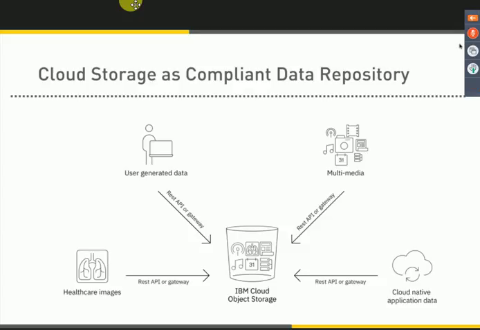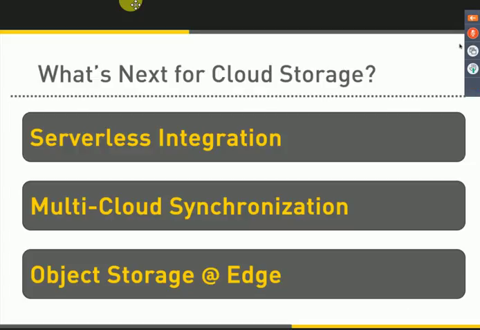So that basically summarizes some of the top use cases. And I want to talk about what's next for cloud storage. Well, I'm sure you would have heard about a new emerging compute service called serverless. And this is becoming a trend in IT departments because there is nothing to manage.